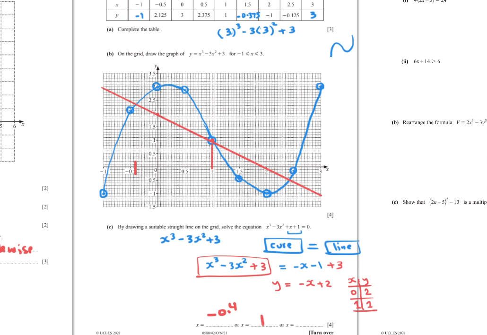The third solution is 2.4. So we have 3 solutions: negative 0.4, 1, and 2.4.